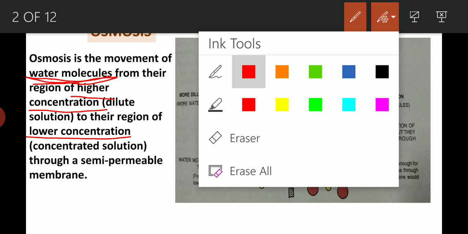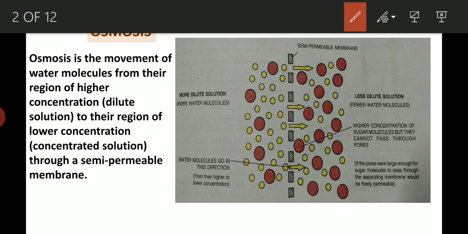In which side are the water molecules present more, left or right? Obviously on the left side. So look at the arrows. The water molecules are moving from left to right because the region of higher concentration of water molecules is at left, to the region of lower concentration of water molecules, which is at right.